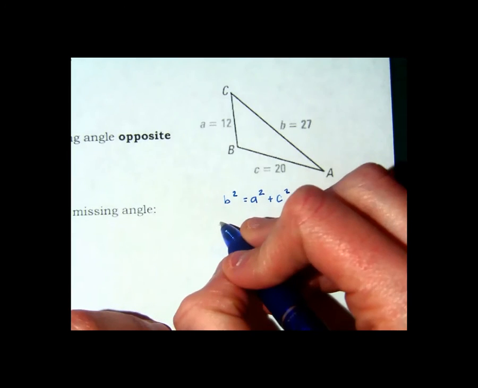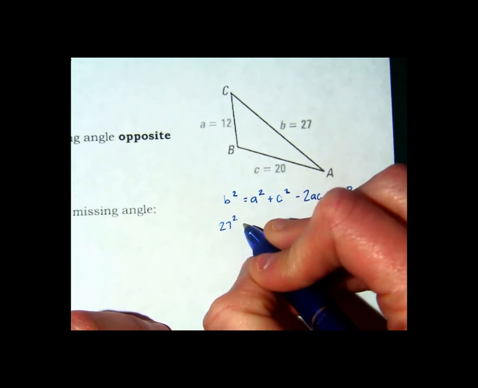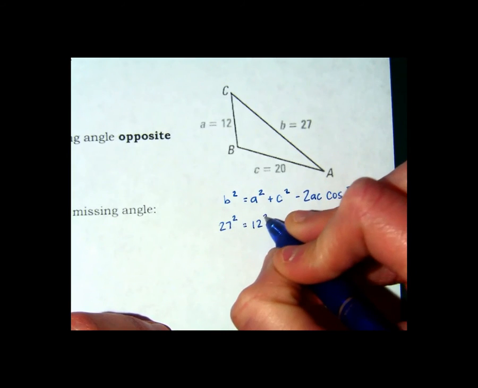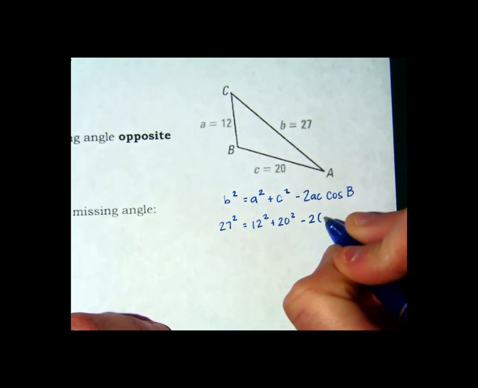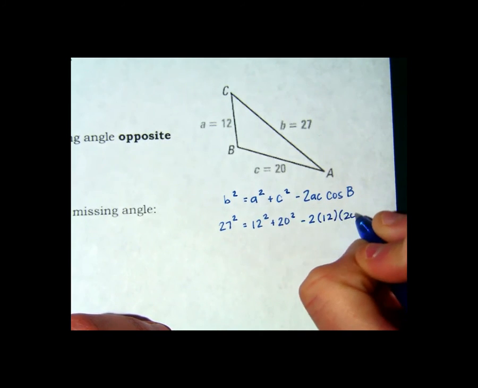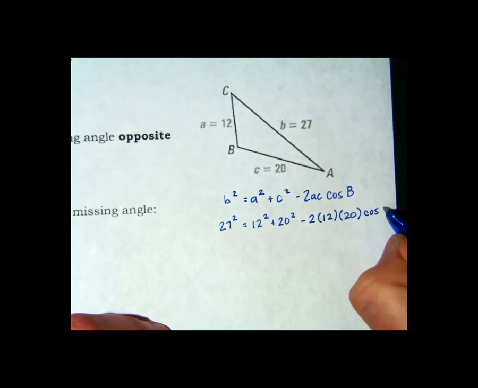And I'm going to plug in what I know. 27 squared equals 12 squared plus 20 squared minus 2 times 12 times 20 cosine of B.